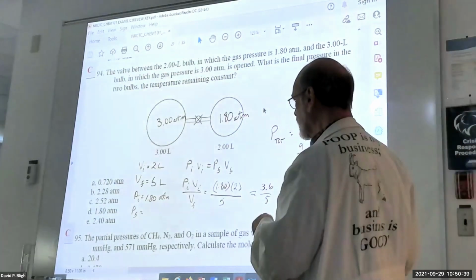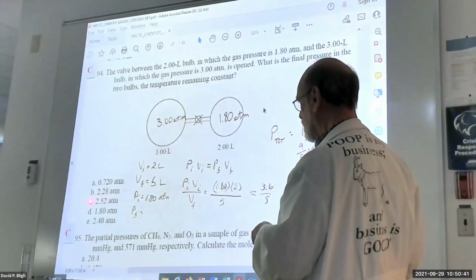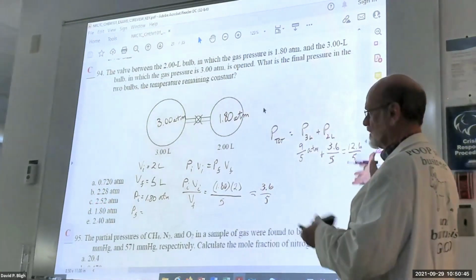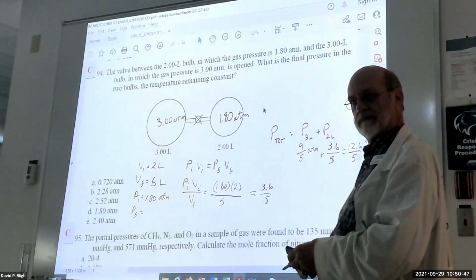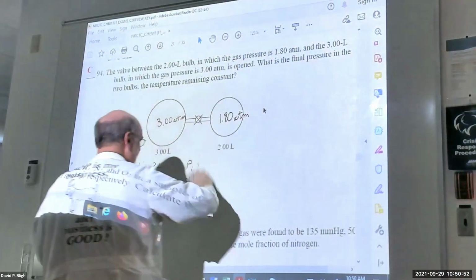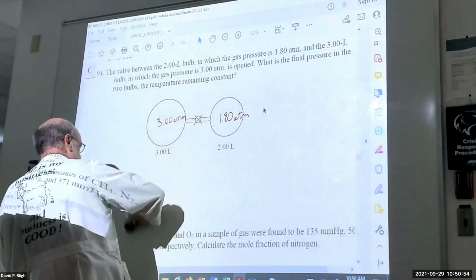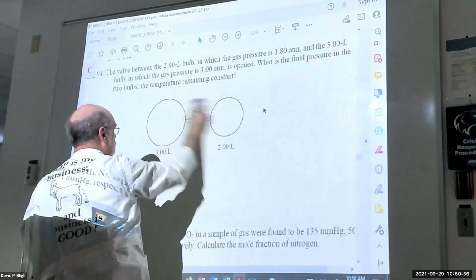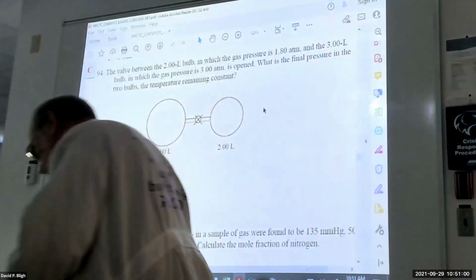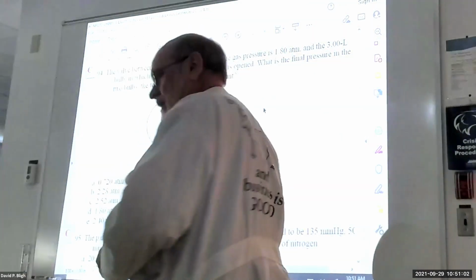So the closest one to that is this one right here. If we do that calculation, it should be 2.52. So there we use both Boyle's and Dalton's laws to solve this problem. That was 94, 95.